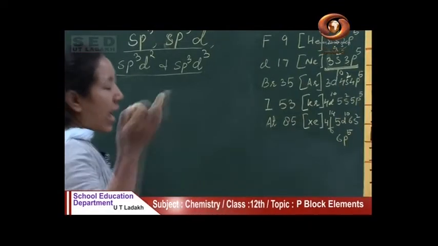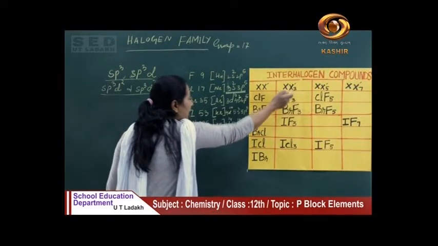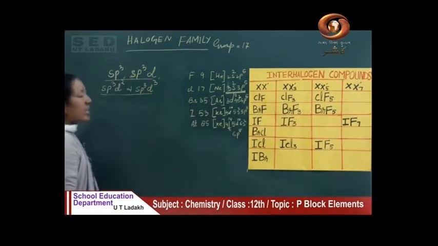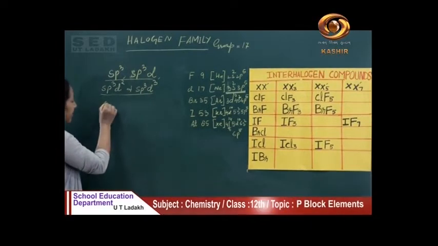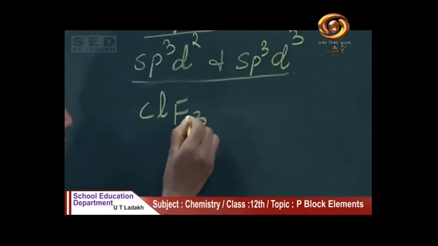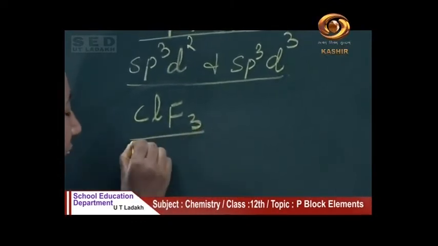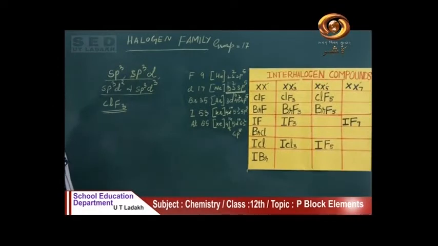Student, another example is XX3, that is ClF3. I already discussed that interhalogen compounds form between halogens with a difference of electronegativity.